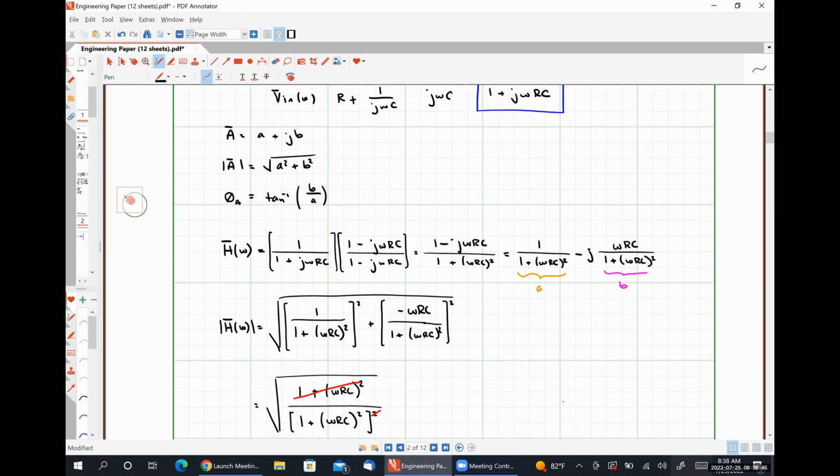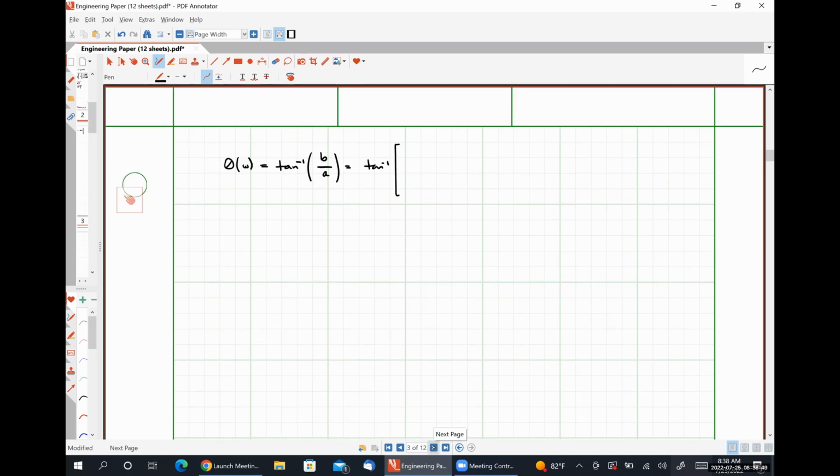Negative omega RC over 1 plus omega RC squared, divided by 1 over 1 plus omega RC squared.